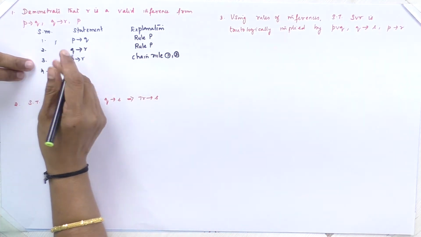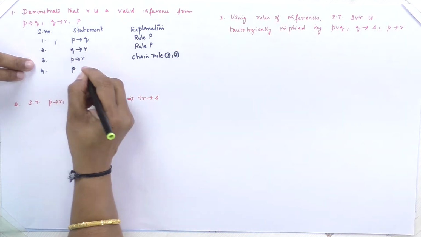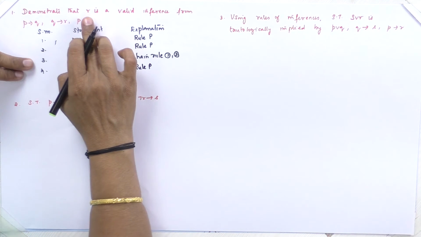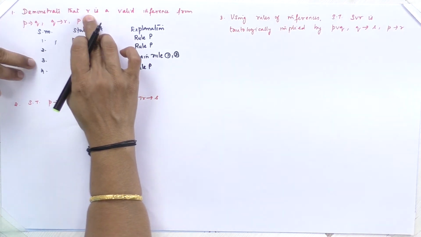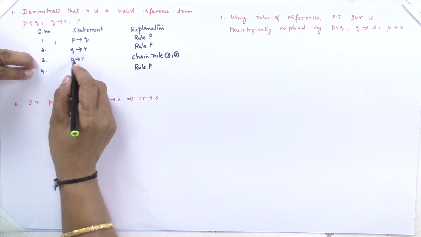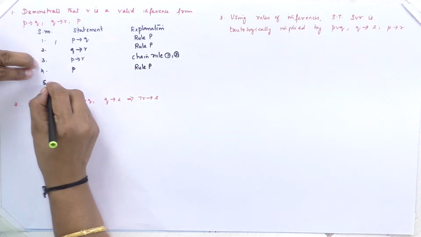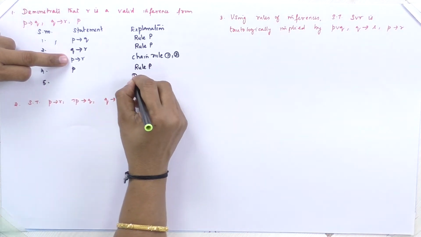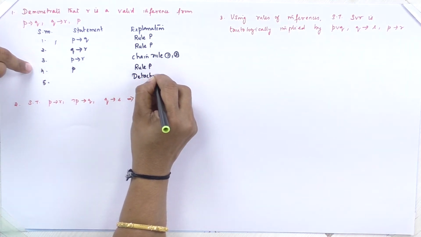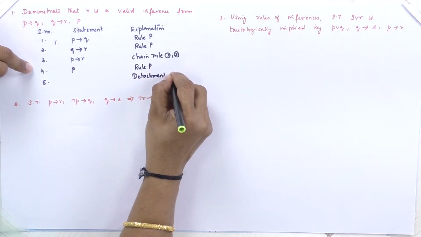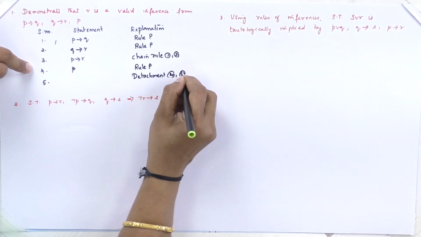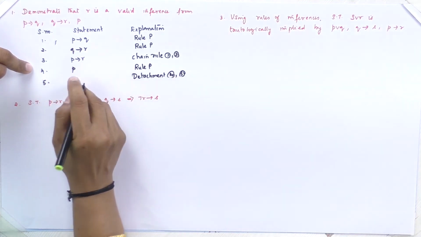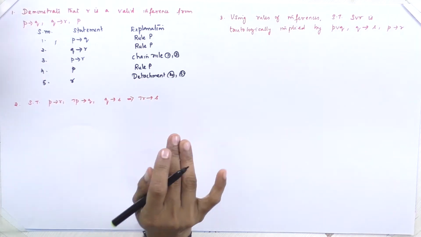Now I am left with only one premise, P, that is rule P. Finally, I am able to get the conclusion R. I have P and I have got P conditional R, so this is detachment. I can apply detachment on 3 and 4. I have P conditional R, this P and P will go and I will get R. That is my conclusion, understood.